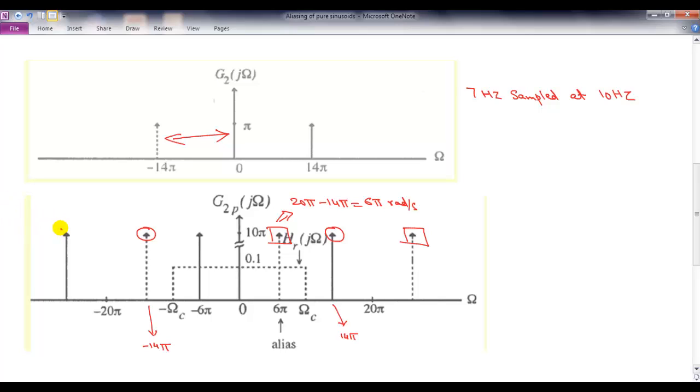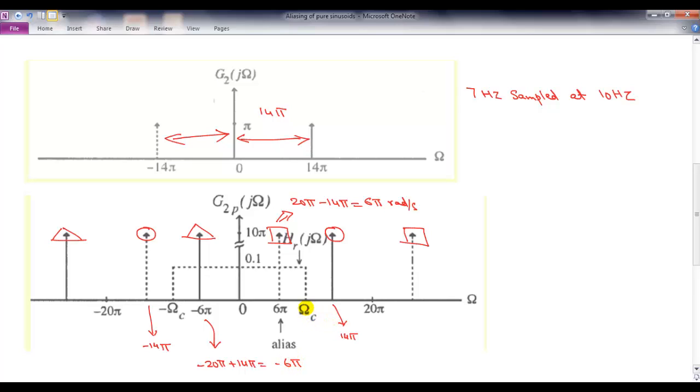Similarly, I'm going to use the triangle for this version, which is due to the copy centered at minus 20 pi. This region is at 14 pi. This means the triangle region is at minus 20 pi plus 14 pi, equal to minus 6 pi.